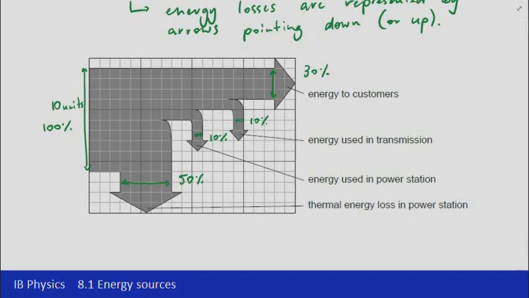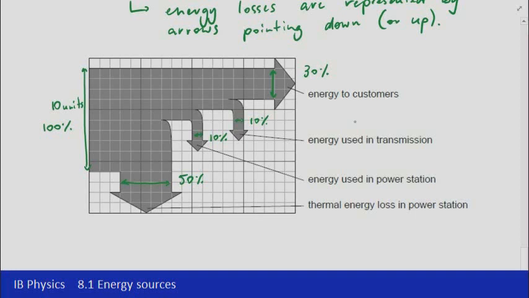Now, the other thing to identify here, we've got transmission and energy used in the power station. There are other forms that could be there as well, so distribution losses. Depending on the use, you'll also have energy losses to, say, thermal energy, if you're talking about lights, for example. So while the useful energy output form is light, you might also add that there's some energy lost due to thermal energy.